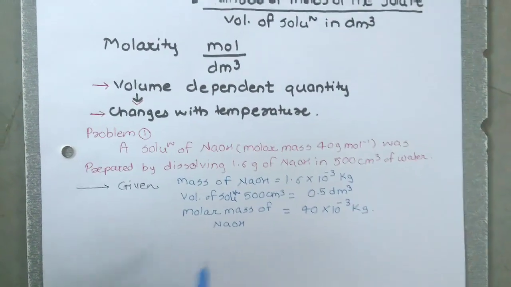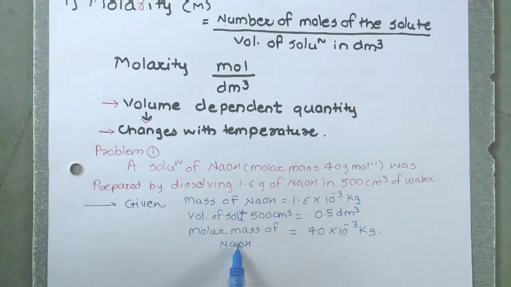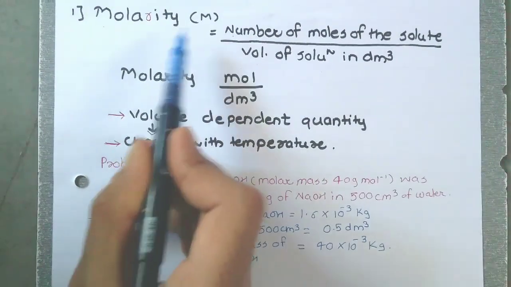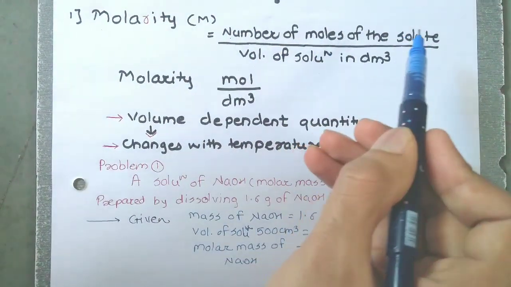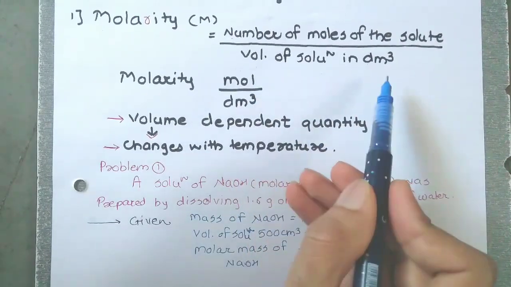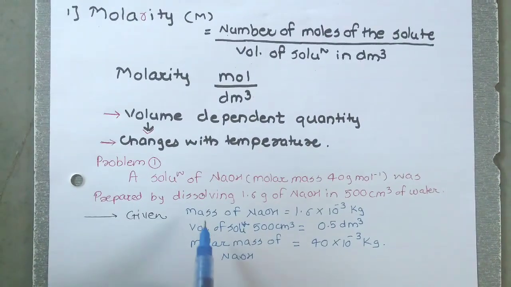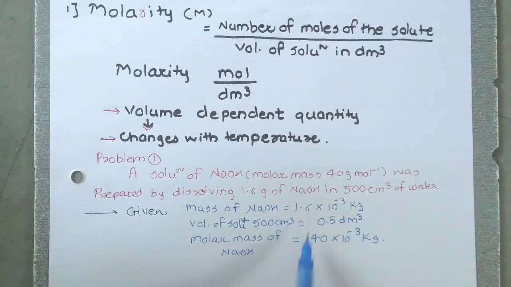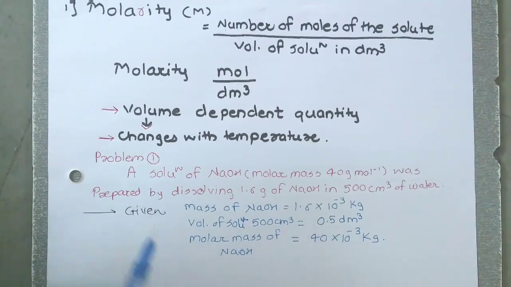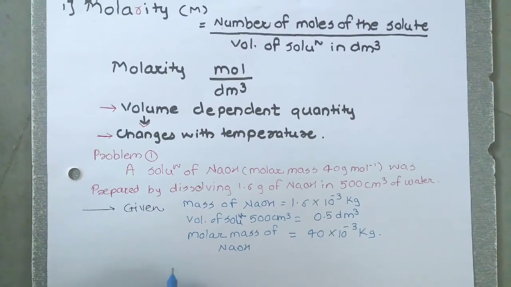So basically, what is the formula of molarity? The molarity formula is number of moles of solute to the volume of solution in dm cube. Here we don't have the number of moles given, so basically we have to find the number of moles.